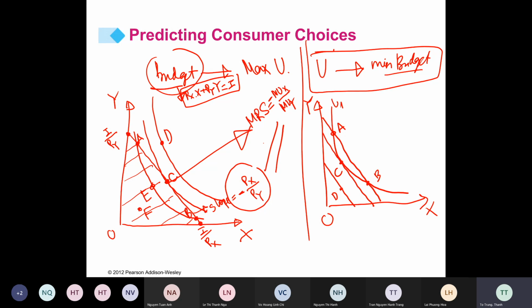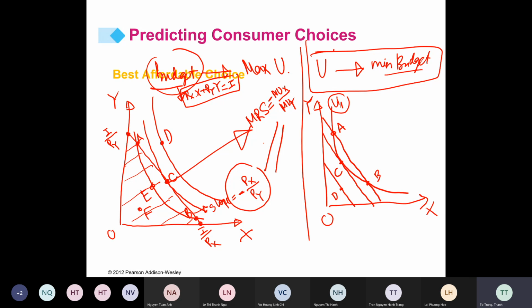So based on the figure, you see that if I want to get the level of U1 satisfaction, I can buy at point A and point B and point C, right? But at point C, I spend the minimum budget compared to point A and point B. So in this case, point C could be the best consumption level for the consumers.